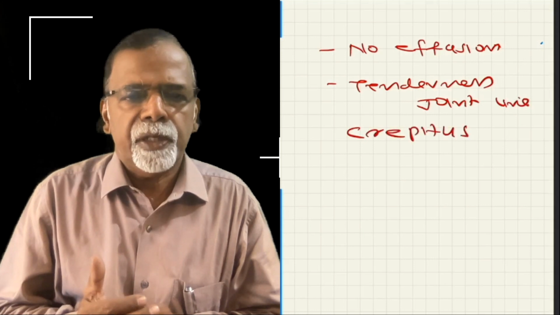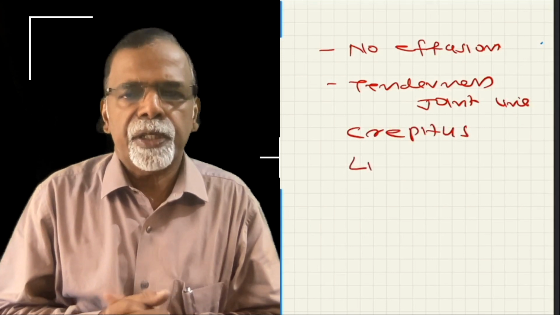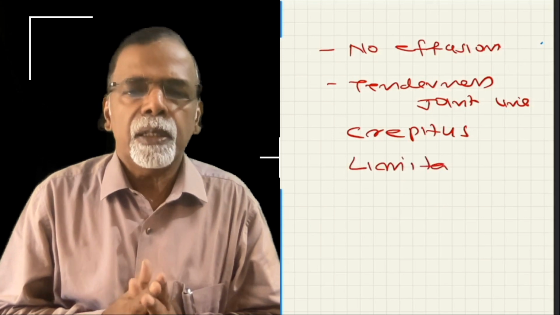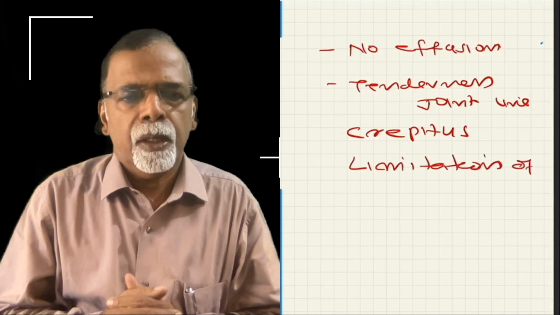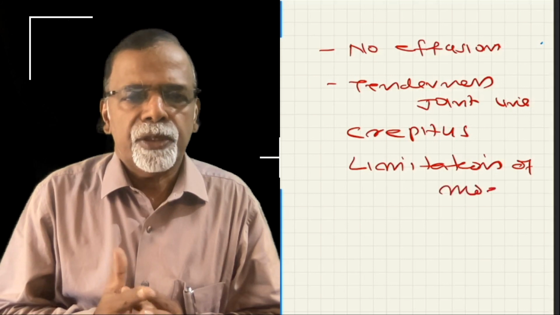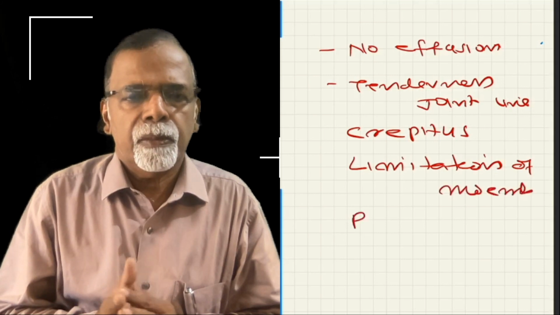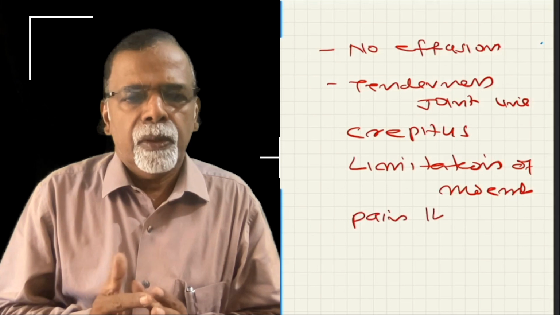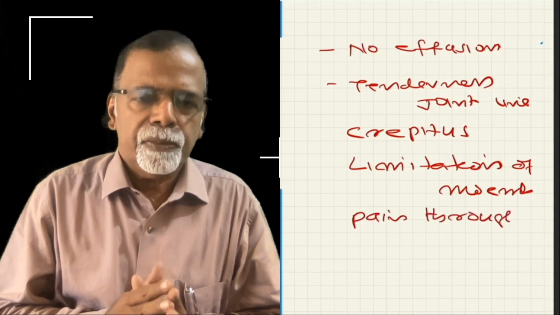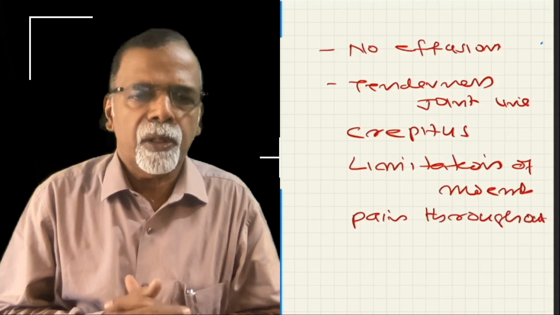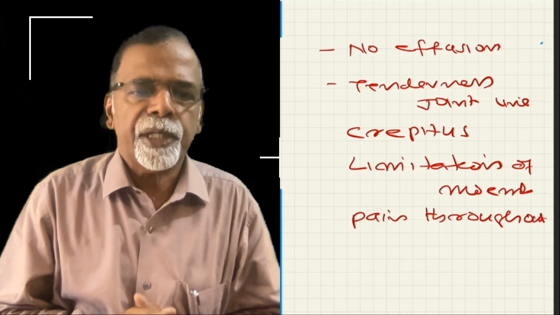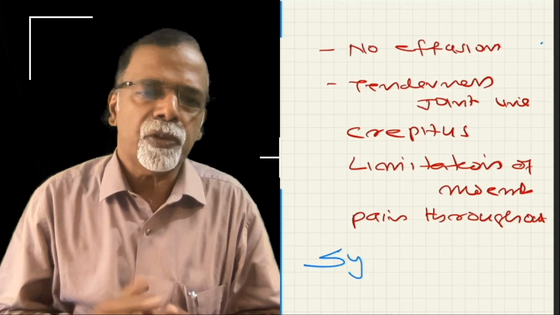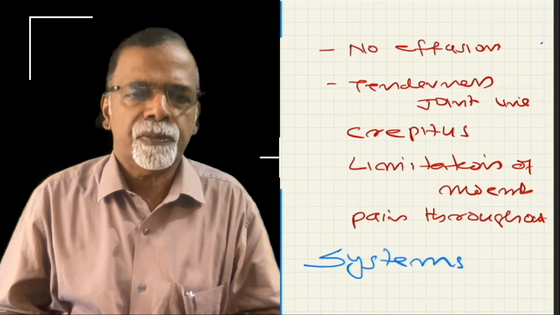The patient was uncomfortable with the motion of the affected knee throughout the range of movement. There was no instability. Other examination and other joints were normal. Other systems were all within normal limits.